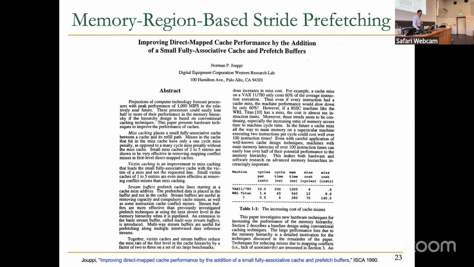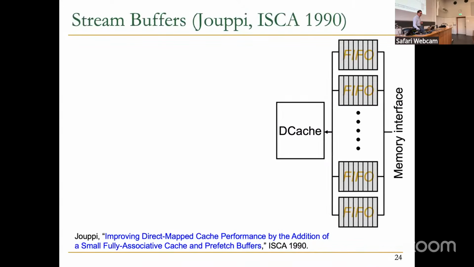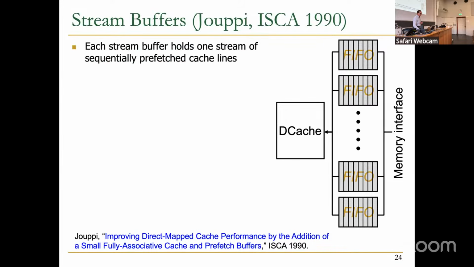Okay, so memory region-based stride prefetching is also published. This is Jouppi's paper. I consider at least Jouppi's paper as one example of memory region-based stride prefetching. And this is stream buffers. I'll go through this relatively quickly, but basically, you could implement this in a nice way, assuming all your access patterns are regular. You have these stream buffers that are FIFOs. In this case, this is really where you prefetch into.